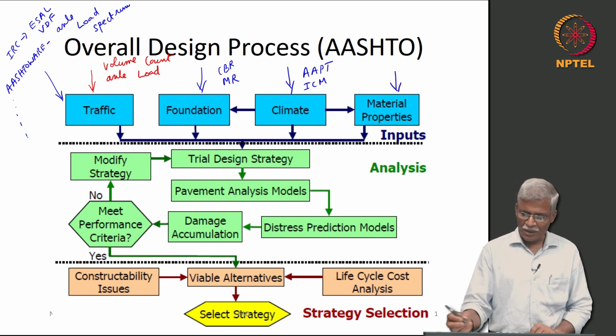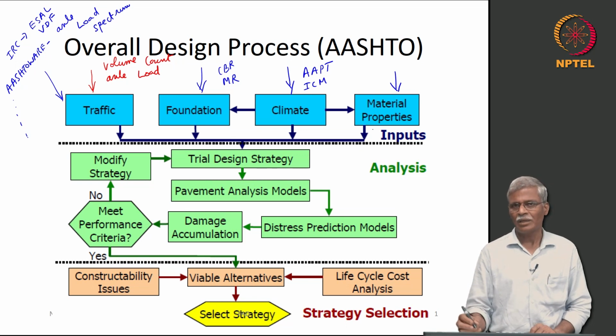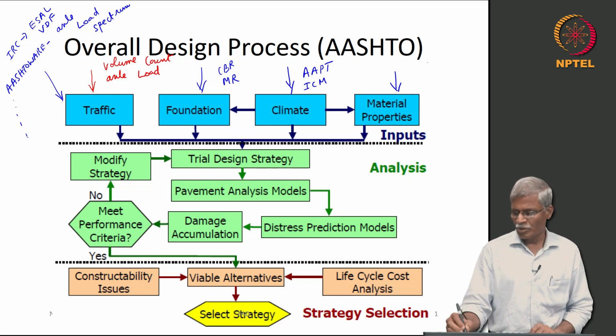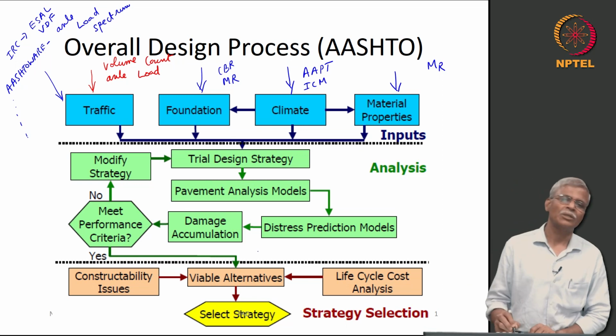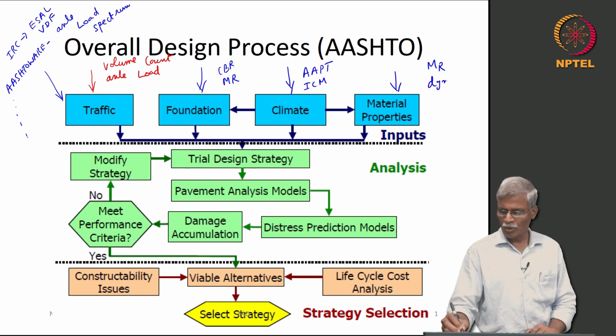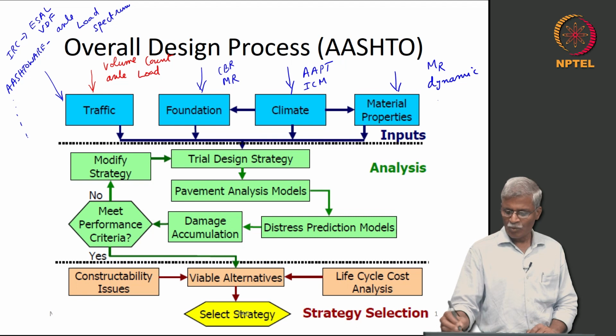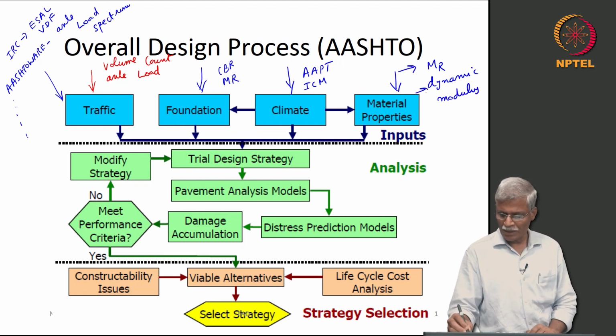Now, all these are related to the material properties. So, for bituminous, you want to measure resilient modulus or do you want to measure dynamic modulus, or you want to measure the combined modulus, all these things come here.